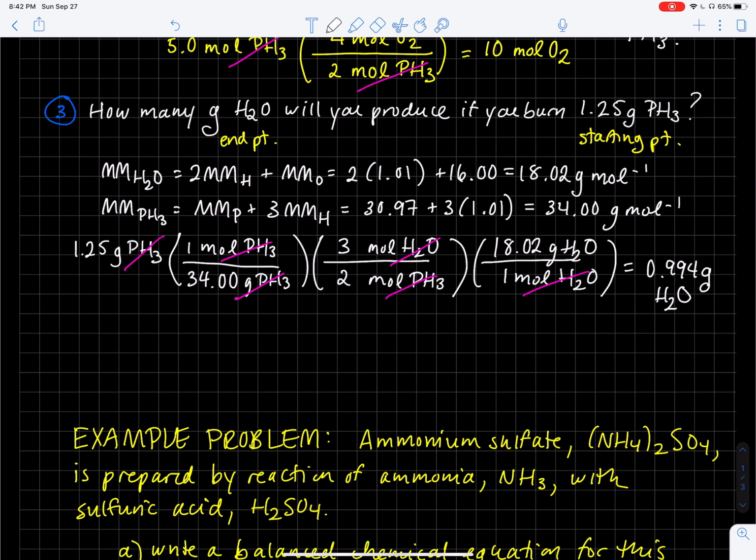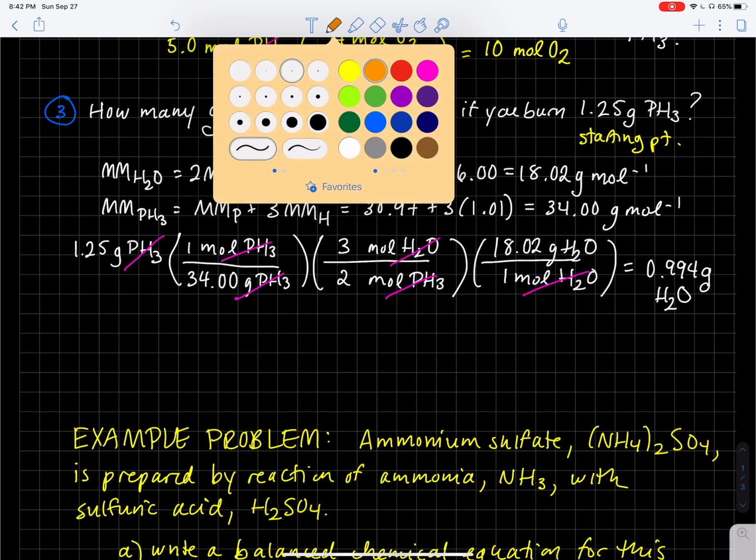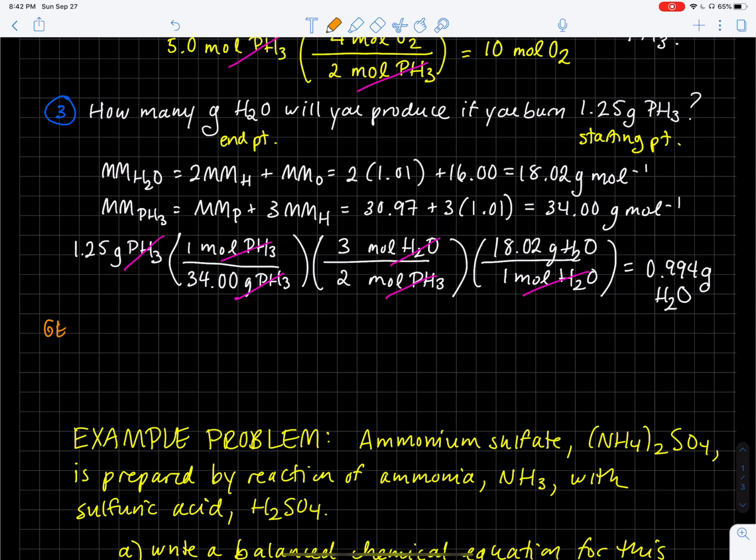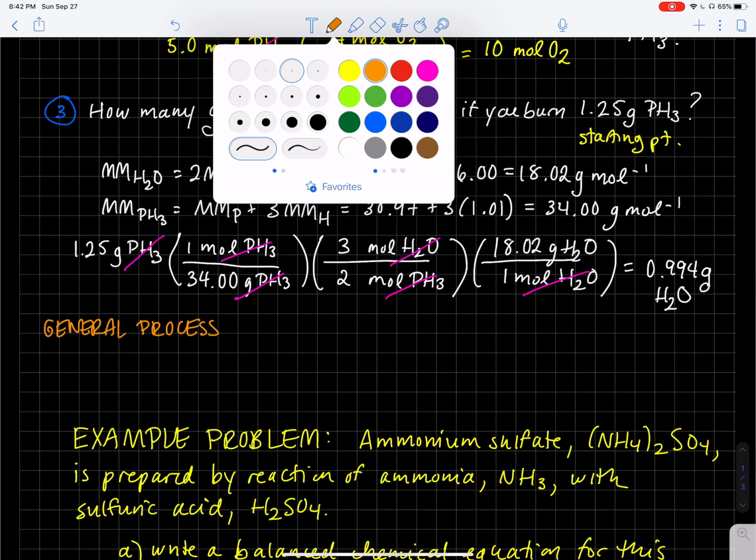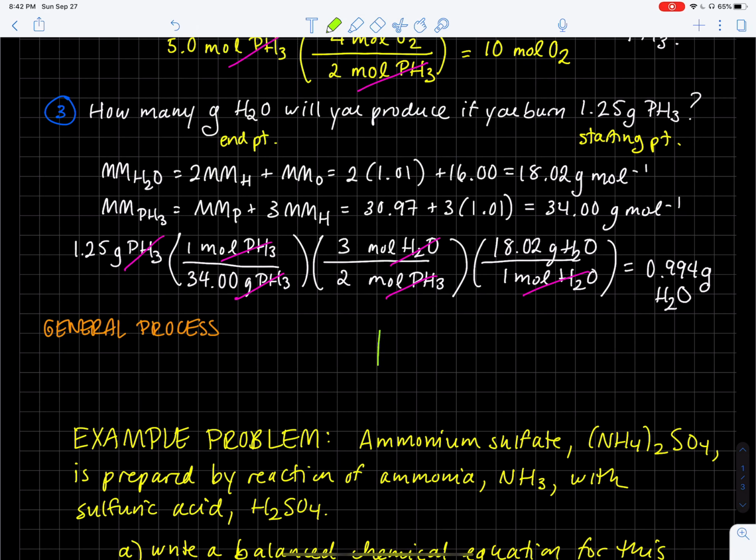All right, so there's an example problem here I'm going to ask you to do, but I just want to give you the general process for a stoichiometry problem. So I like to think of this as a mole box. Here's my mole box.